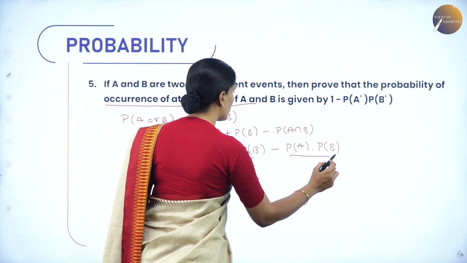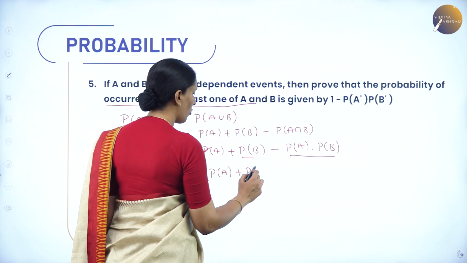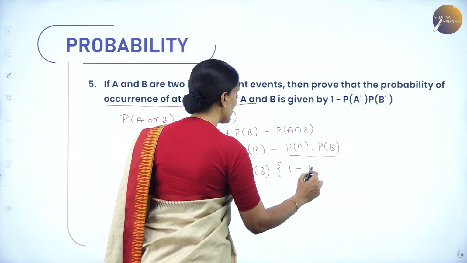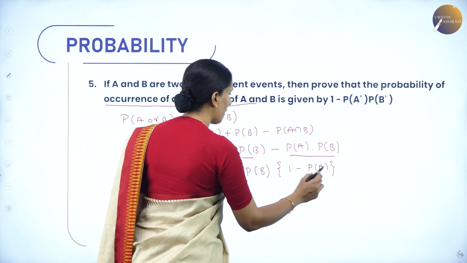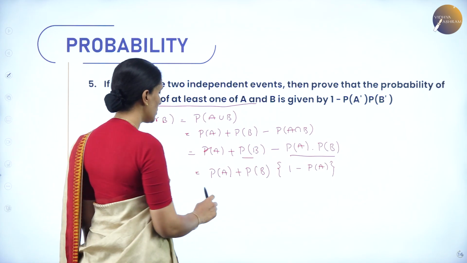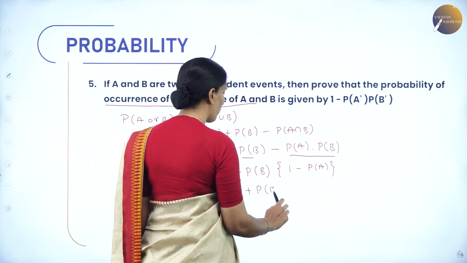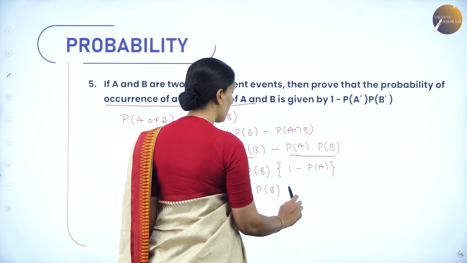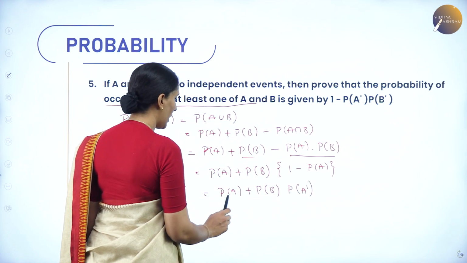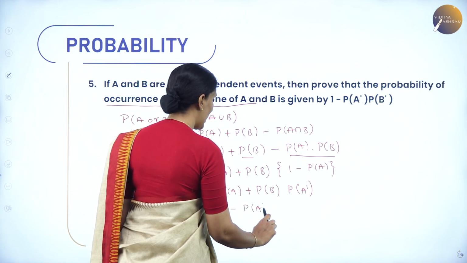So from these two terms, we can take probability of B as a common factor, then we are left with 1 minus P of A. We know that 1 minus P of A is the complement, the probability of A dash. So therefore, probability of A plus probability of B, this can be written as probability of A dash. Now again, probability of A can be written as 1 minus probability of A dash.